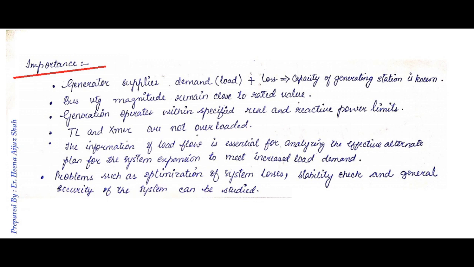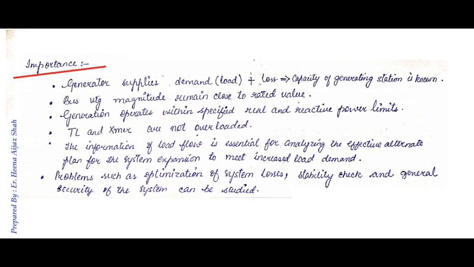For example, if we consider a generating station, by using the power flow analysis, we get information about the power. So the generating system will be designed in such a way that it will include both load as well as the losses. Also, by load flow analysis, we have all the information about the voltages, so the bus voltage magnitude will remain close to the rated value.